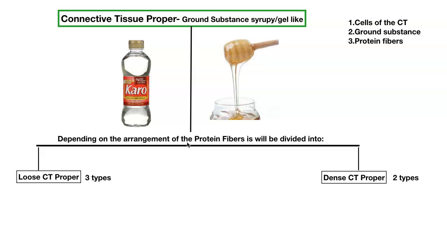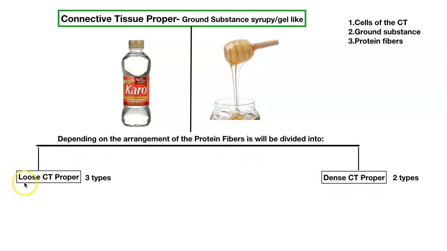Depending on the arrangement of the protein fibers, our connective tissue proper will either be loose connective tissue proper, where loose means the protein fibers are in a loosey-goosey arrangement, or, if the protein fibers are arranged in a dense manner, meaning there's lots and lots of protein fibers, we're going to call it dense connective tissue proper.